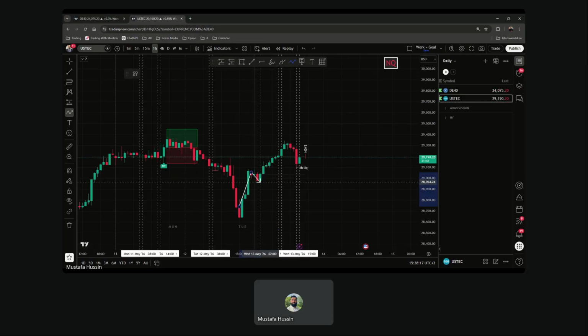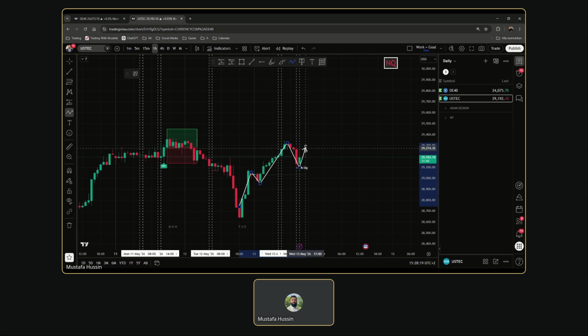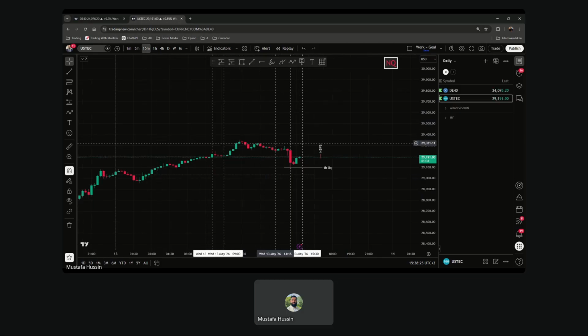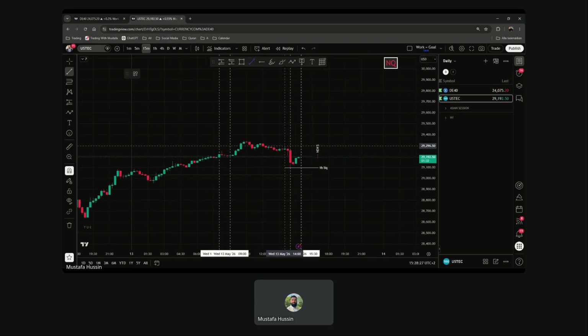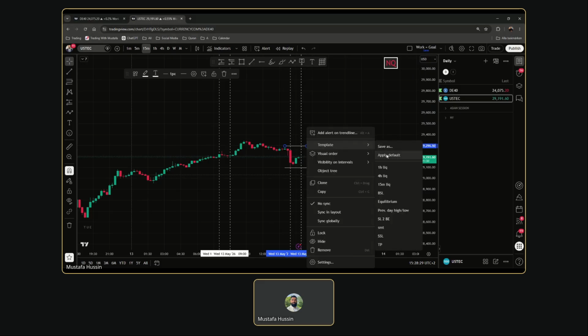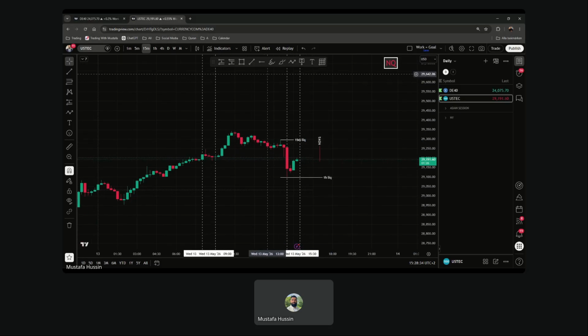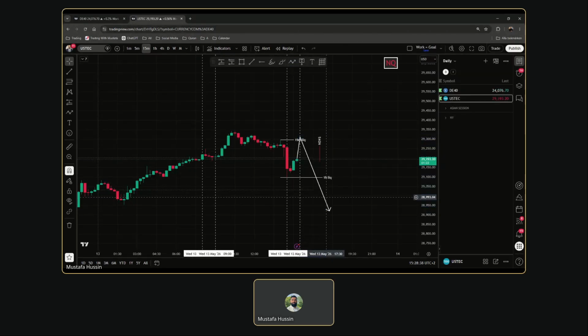But we'll see. Will this go like this? Or will it sweep some liquidities on these 15 minutes? Sweep liquidity 15 minutes and then continue to the downside.